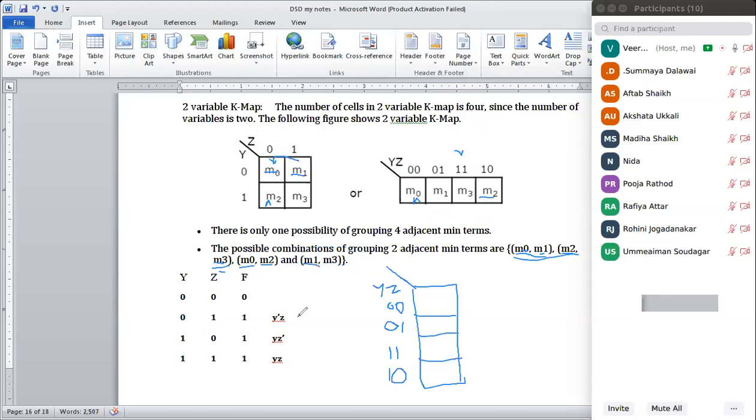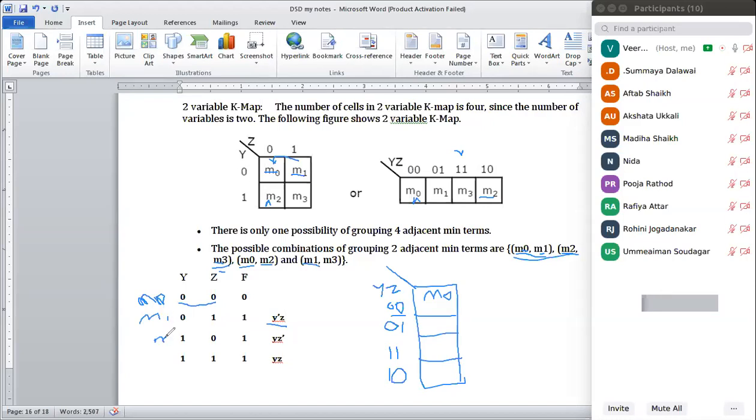Now, tell me, what is this Y bar Z? What is the cell? So I will write this as the M0 cell, correct? 0 0 is M0, and this is M1.